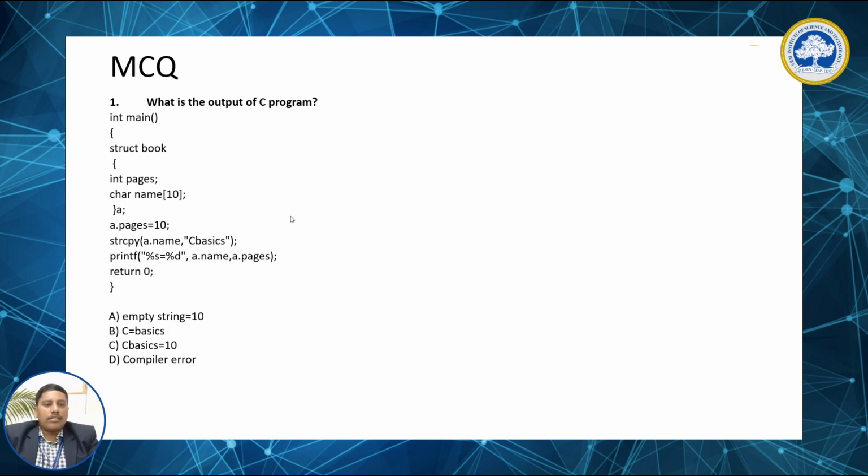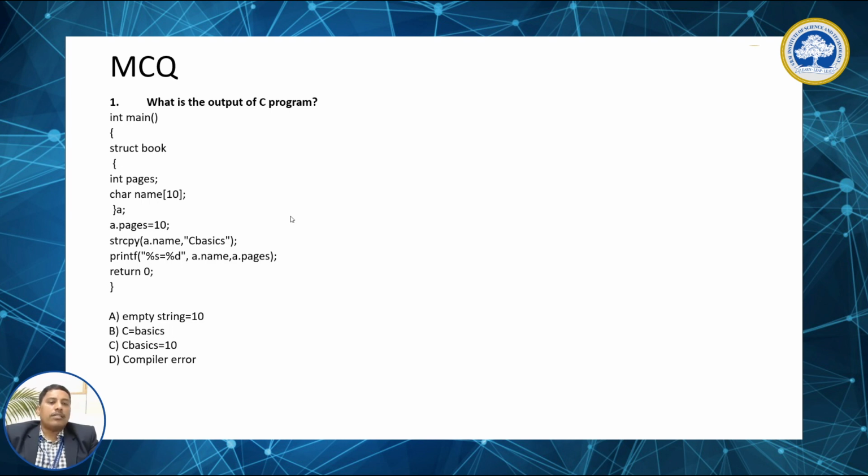I create the structure variable A and initialize A dot pages equal to 10. Then I want to initialize the name of the book as C basics. Very important, this is a string, so I copy the string C basics into A dot name.